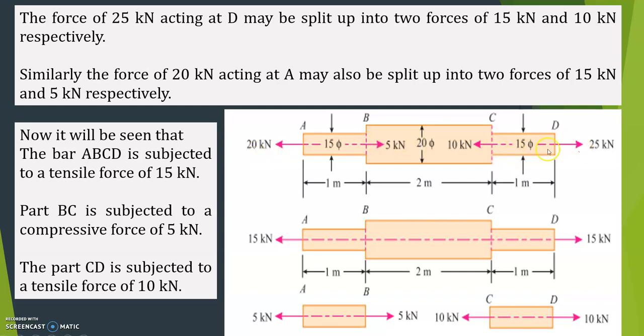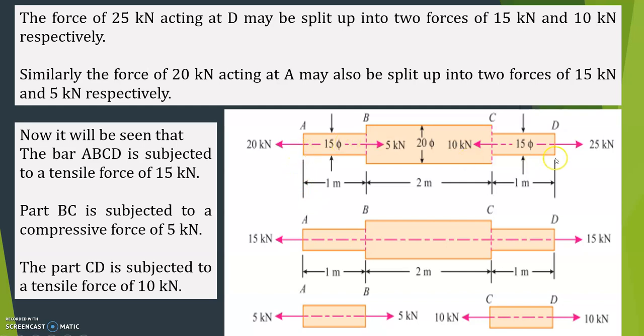If you consider CD, if you split the 25 kilonewton at D into 10 and 15 kilonewton, then CD is 10 and 10. Now the remaining at D is 15 kilonewton, and at A also it is 15 kilonewton.